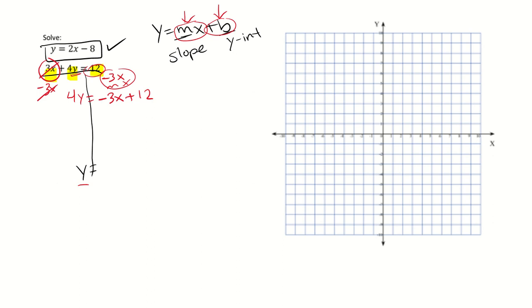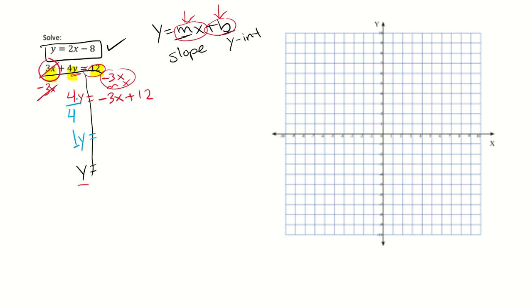The last thing that you need to do is get rid of the coefficient, the 4 in front of the y. You need to divide by 4 because right now 4y is 4 times y, so to undo that, you have to divide by 4. Your answer ends up being 1, since 4 divided by 4 is 1. But whenever we have 1y or 1x or 1 of anything, we really don't write the 1.